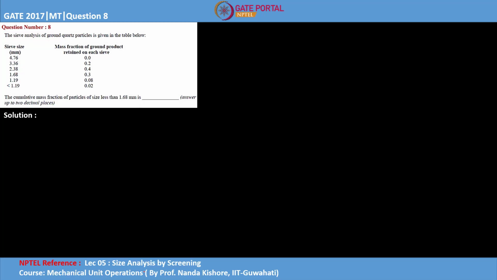To solve this problem, let's first understand how we perform this kind of operation. Let's say this is a sieve, and in this sieve we have a number of meshes with different hole sizes, and the particles pass through depending on their sizes, right?